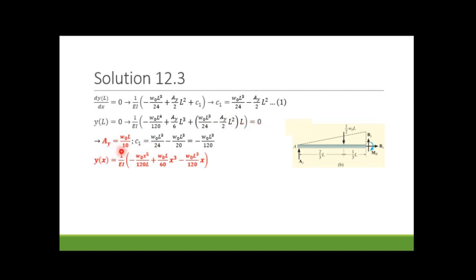Therefore, I can easily find Ay. Ay is equal to omega 0 L over 10. And if I substitute this Ay into the C1 function, I can also find C1 is equal to minus omega 0 L cubed over 120. If I substitute Ay and C1 into the y(x) function, I can find our elastic curve function.